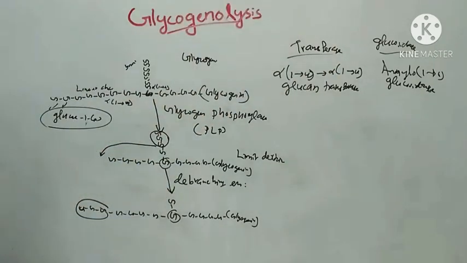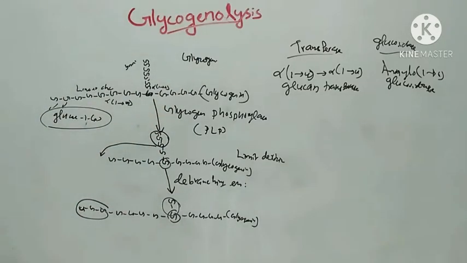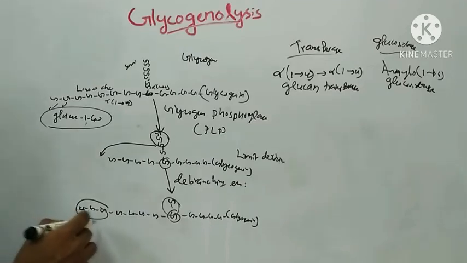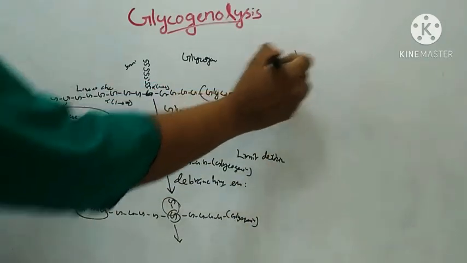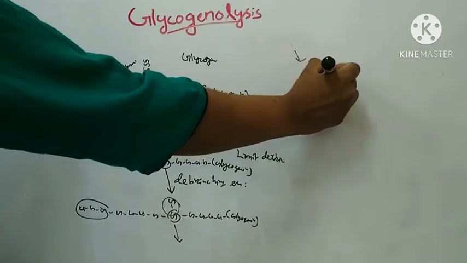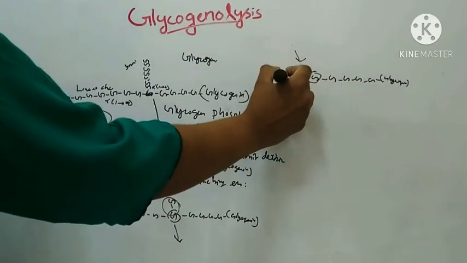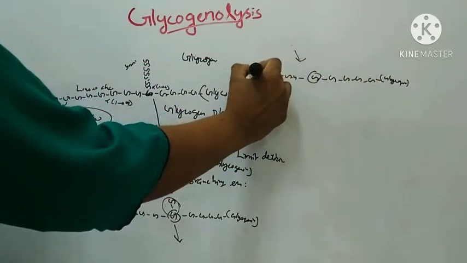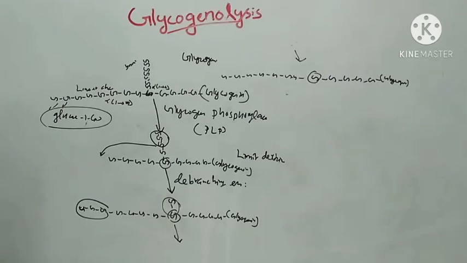Second comes the glucosidase action. This glucosidase removes the alpha 1,6 glycosidic linkage, so there will be formation of only a linear glycogen molecule.